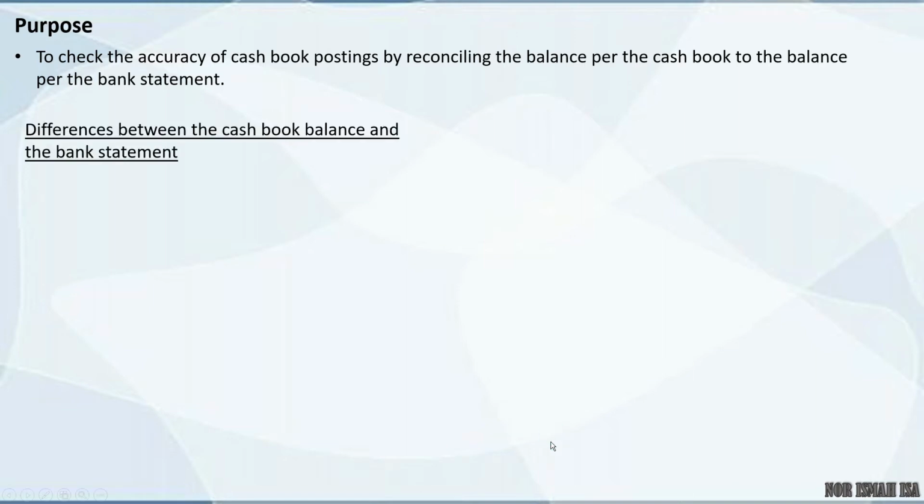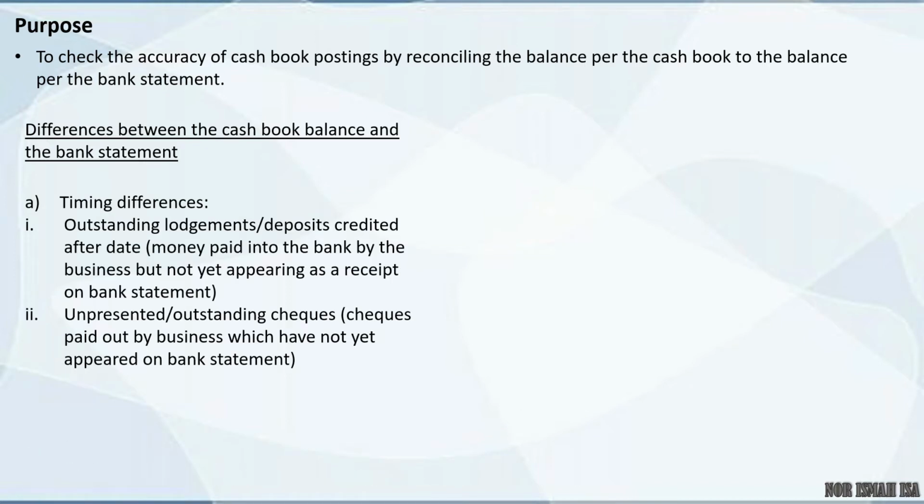So these are the differences between the cash book and the bank statement. The first one is timing differences. One is outstanding lodgement, deposits credited after the date. This is money paid into the bank by the business but not yet appearing as a receipt on the bank statement.